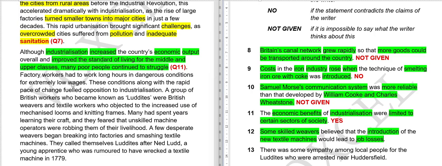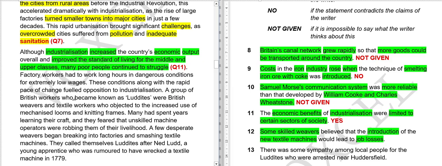Factory workers had to work long hours in dangerous conditions for extremely low wages. Okay, so here's something about wages, but nothing about job losses. So we know this is not our location. We'll continue reading. These conditions, along with the rapid pace of change, fueled opposition to industrialization.